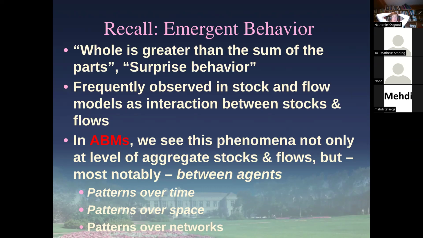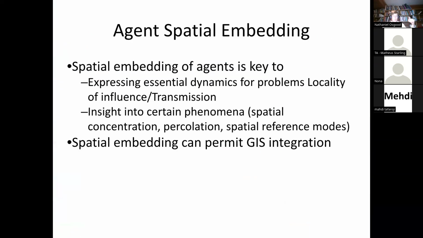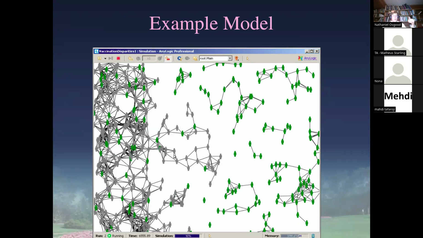So we might have patterns not only over time, like we will with stock and flow, compartmental, but patterns over space, or patterns over networks. People who have certain areas of the network have gotten heavily infected while others remain uninfected.